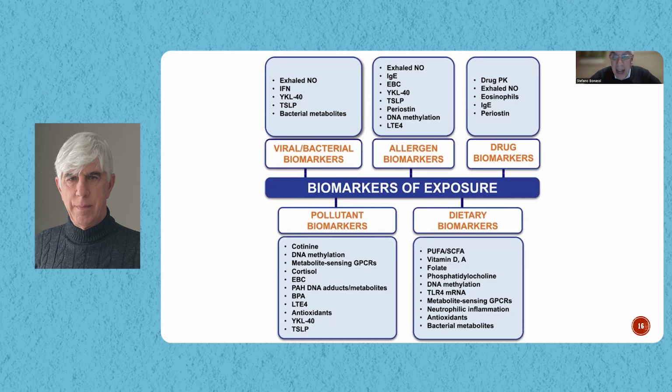The same for allergen biomarkers. We can have different effects of allergens, like xylazine, nitrogen oxide, or think about, I don't know, celiac disease, in which you can have some autoantibodies in the blood.